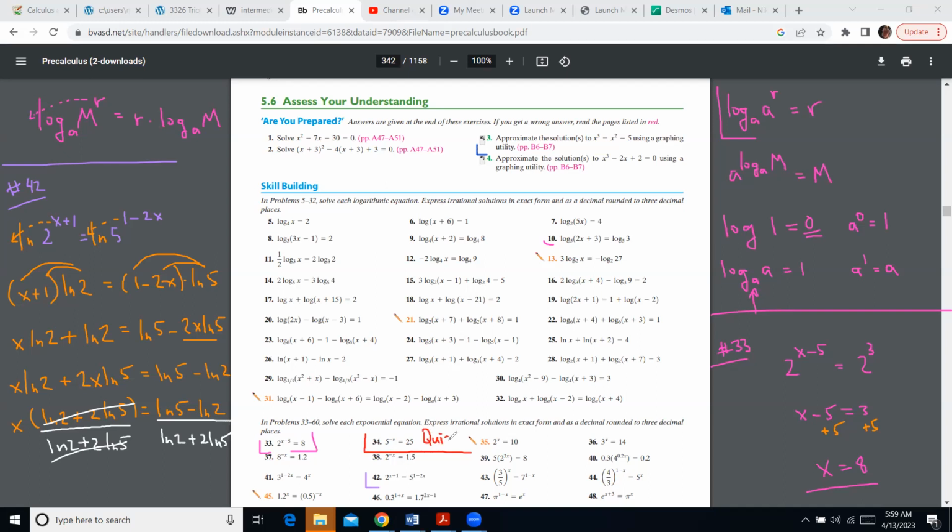So I hope you will enjoy it for the quiz, number 34. Very similar to 33. It looks like you just need to turn 25 into some power of 5, right? So you can find that letter x right away.